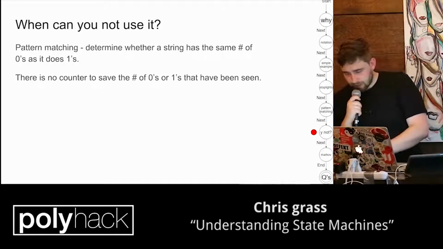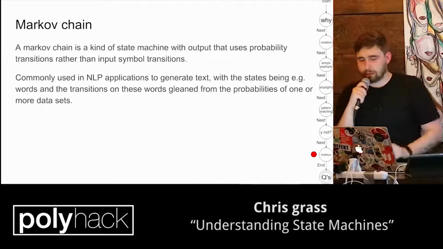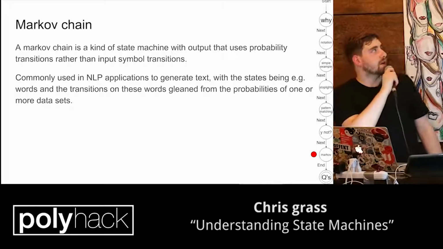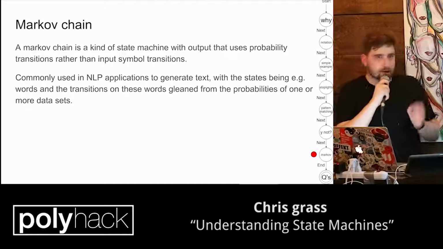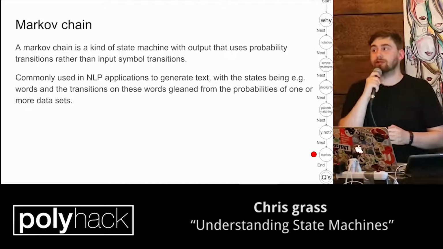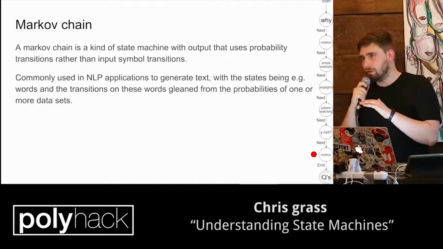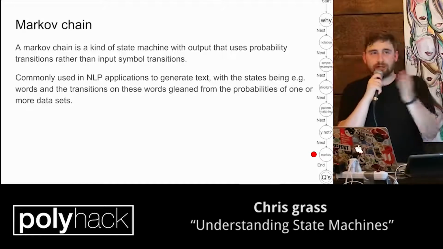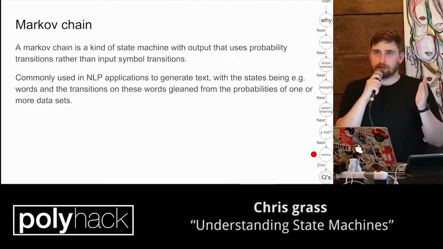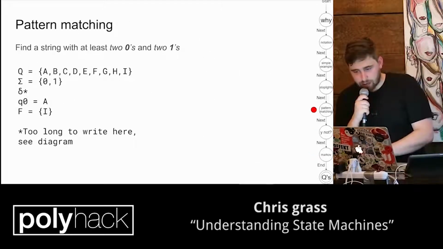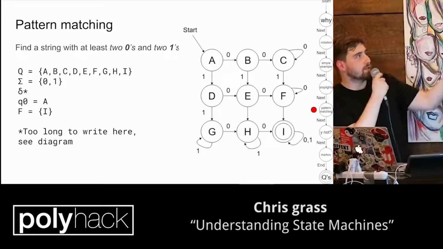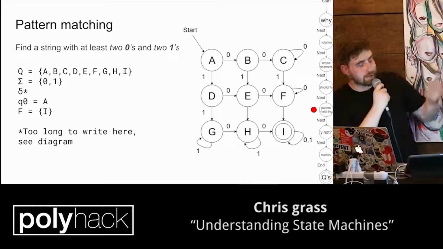And then another cool application of state machines I've seen is the Markov chain. It's not a deterministic state machine, it's a stochastic state machine, which means the transitions between each state aren't defined as clearly as they are with, say, this. We see a 0, we go to the next state. We see a 1, we go to the other state.